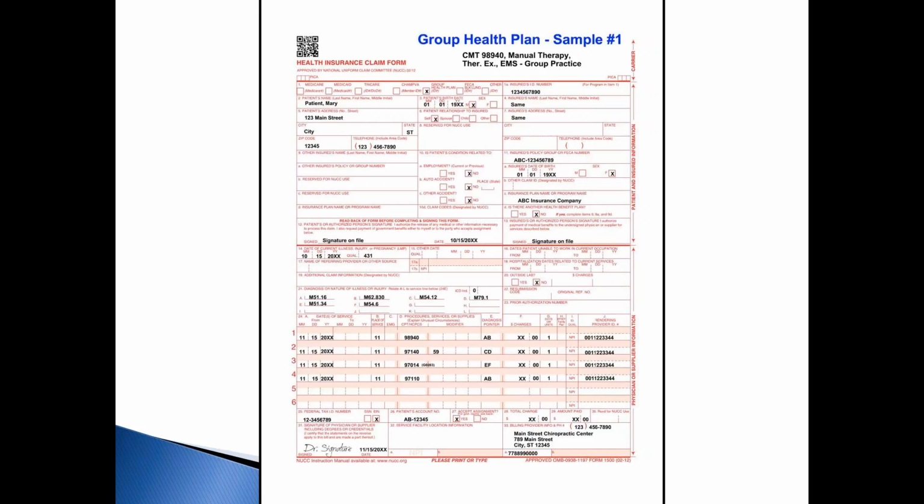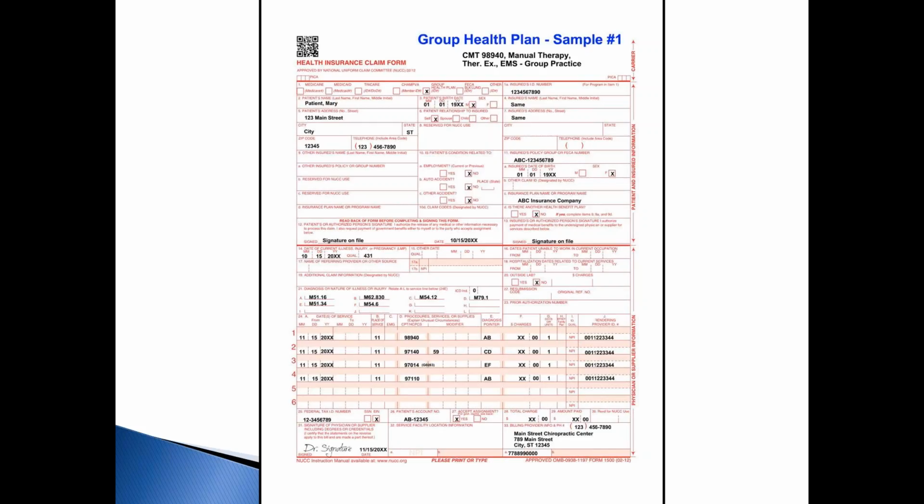This is called CPT ICD-10 linking or pairing. Very important that you pair your codes properly, like you pair red meat with red wine and fish with white wine. You should be pairing your procedure codes, your CPT codes, with your diagnosis codes.